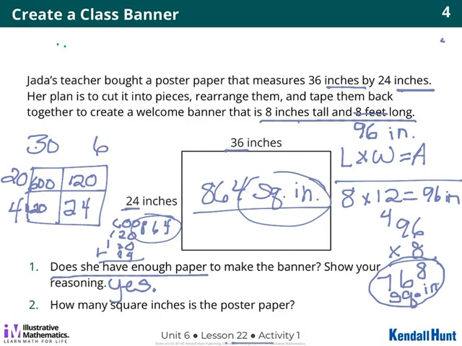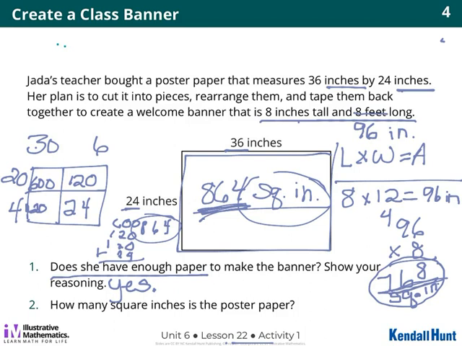She's going to have too much paper, so she's going to throw some paper away. So if I take the size of this big poster, which was 864, and I subtract how much the welcome banner will be, I'm going to have some left over, aren't I? So yes, she does have enough. Does that make sense? Yes.